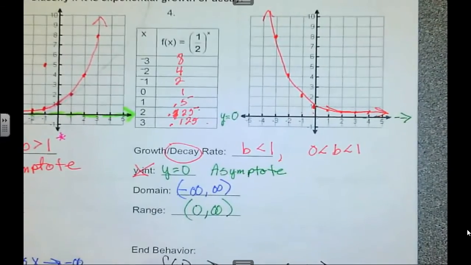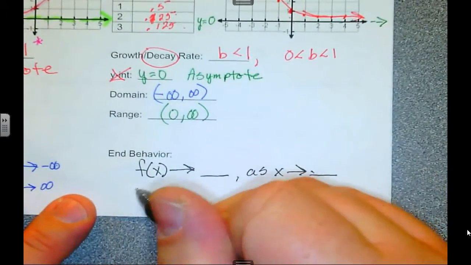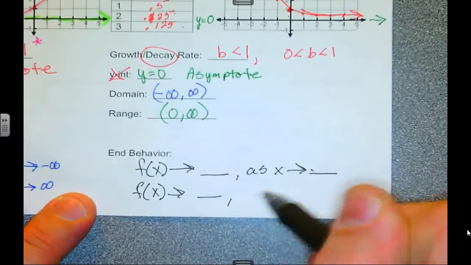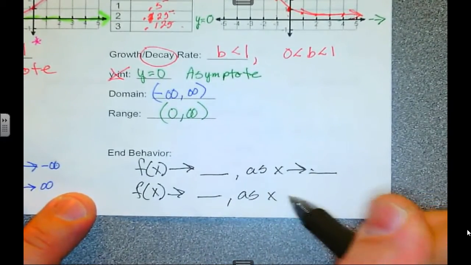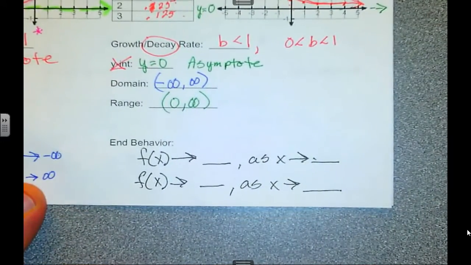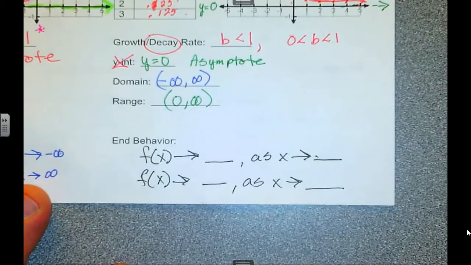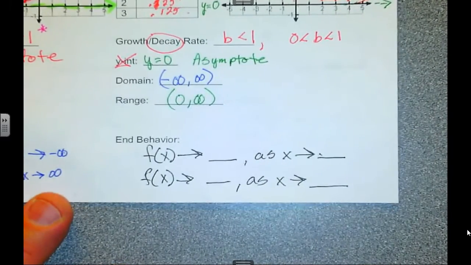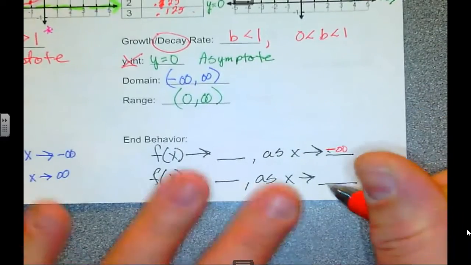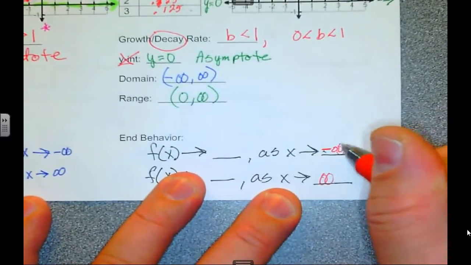That's the template. And you're supposed to fill in the blanks, right? Well, what are the easier blanks? Yeah, negative infinity here and positive infinity here.